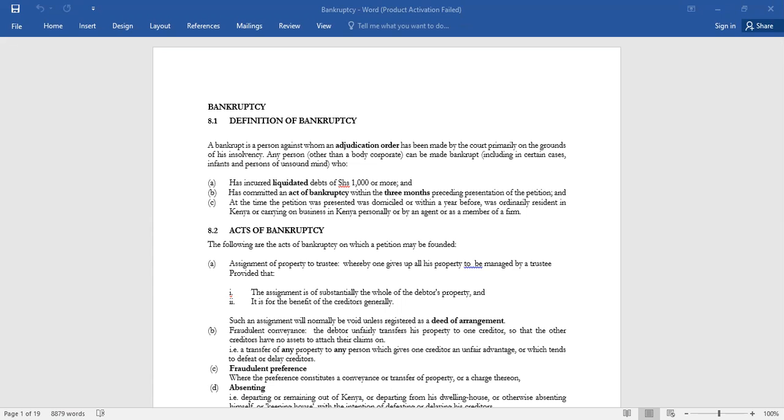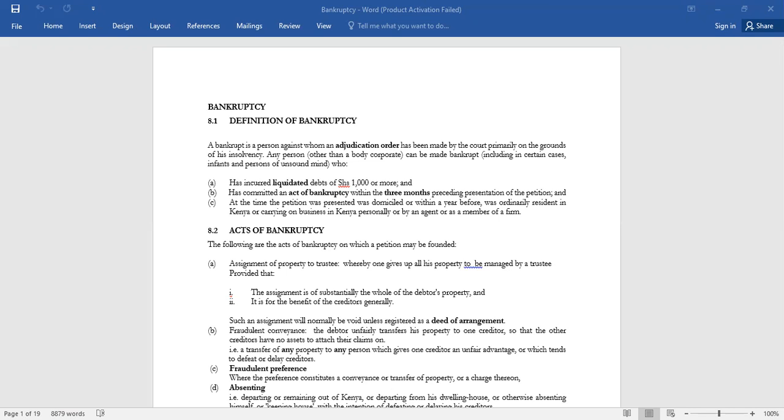But for the insolvency of natural persons, there is an act called the Bankruptcy Act, which is Cap 53 of the laws of Kenya. Specifically, this deals with the natural person. Natural person means you and me, all those people who are organic or living.